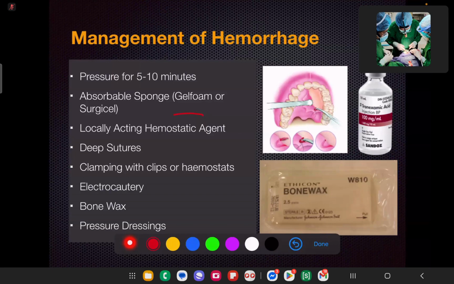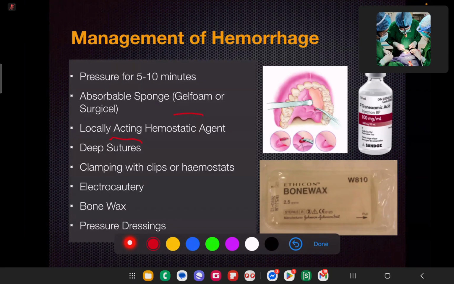And sometimes you could use locally acting hemostatic agents. One of the basic locally acting hemostatic agents is actually the epinephrine found on your local anesthesia, dun sa carpal nyo. So you could use that anesthesia fluid to put it on a gauze, then put pressure, and that would actually stop some bleeding on that area.